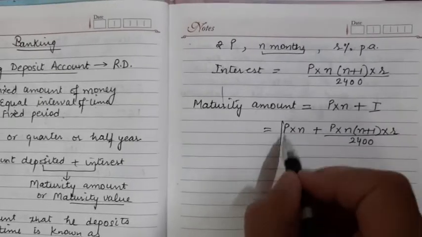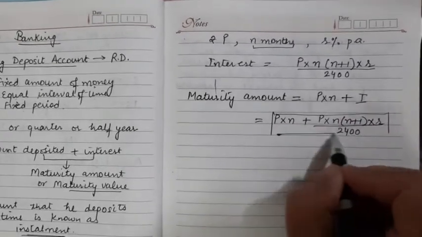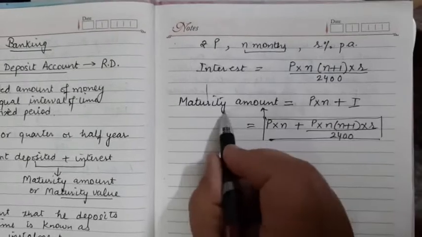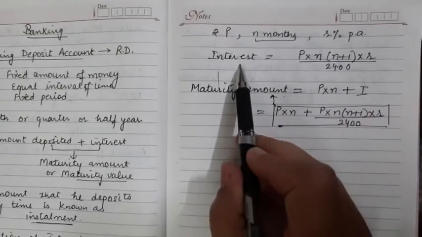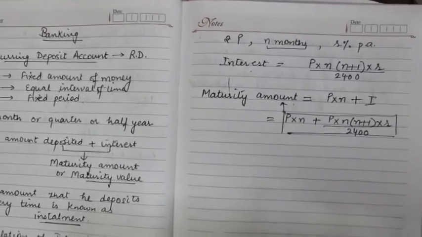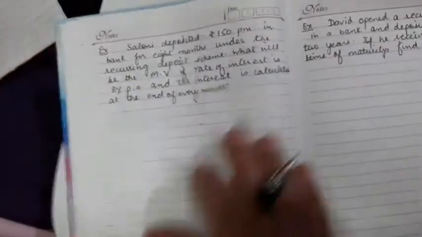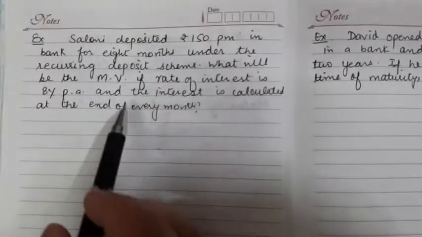So this is the formula to calculate the maturity amount, and this is the formula to calculate the interest. Now we take an example for calculating the maturity amount.